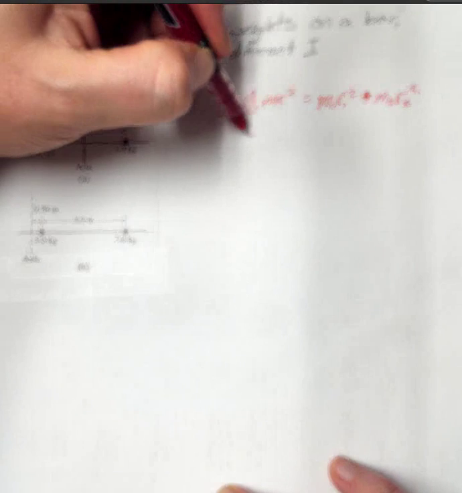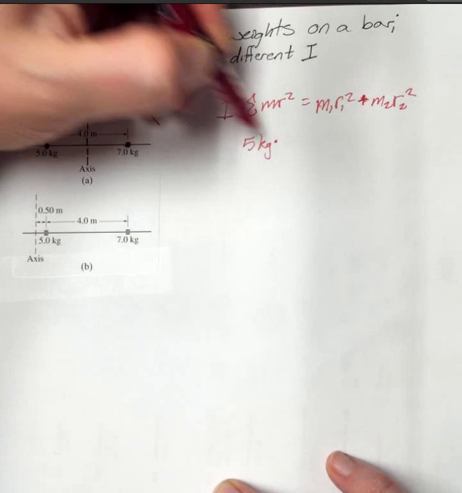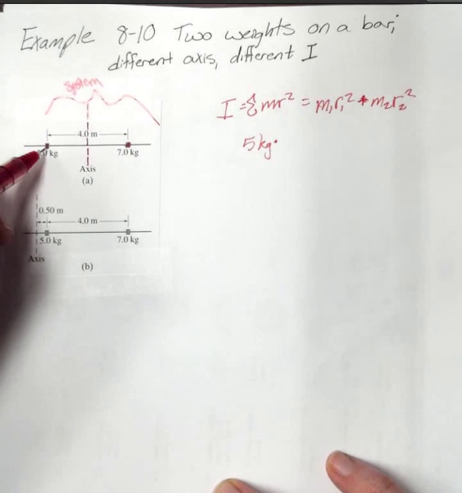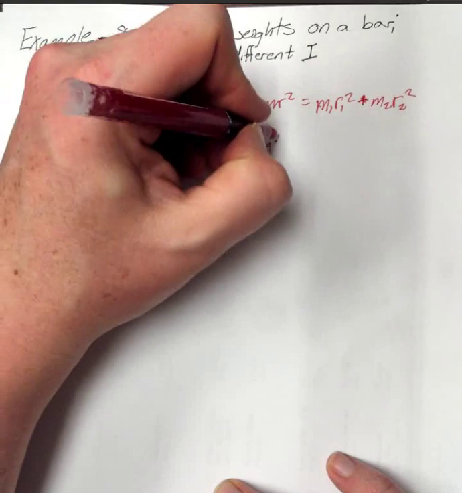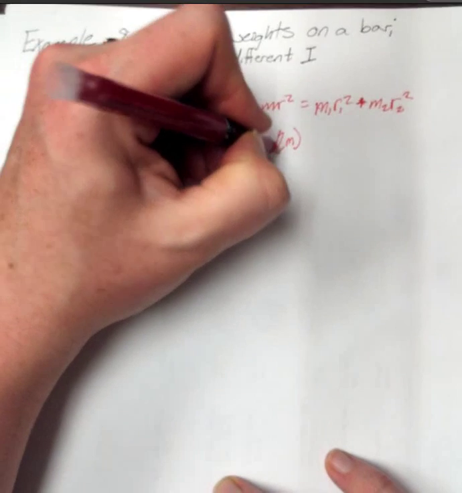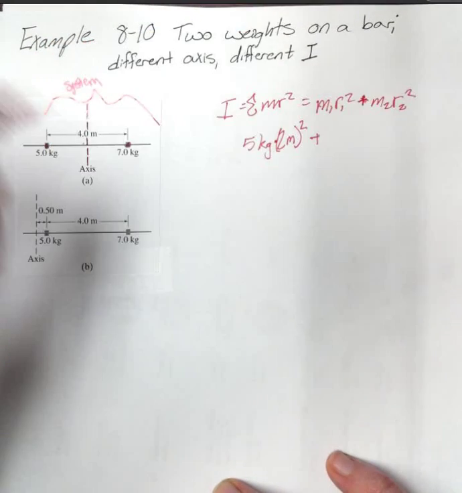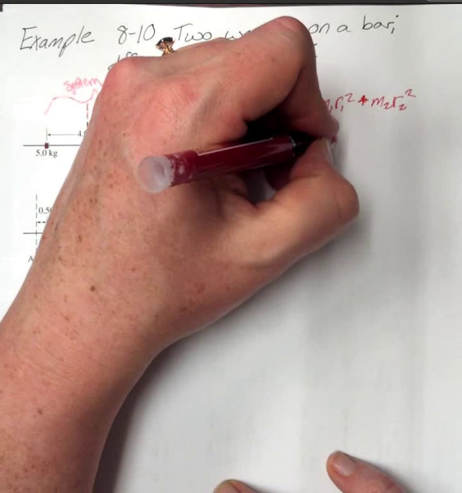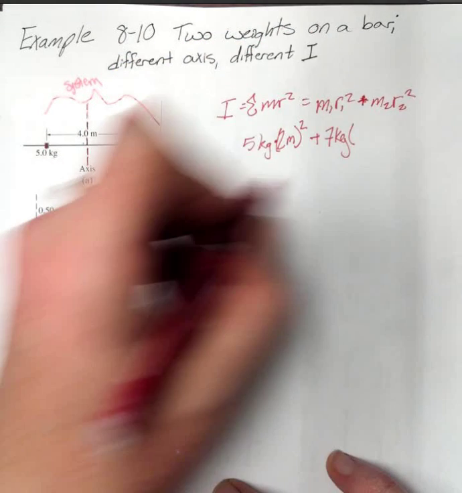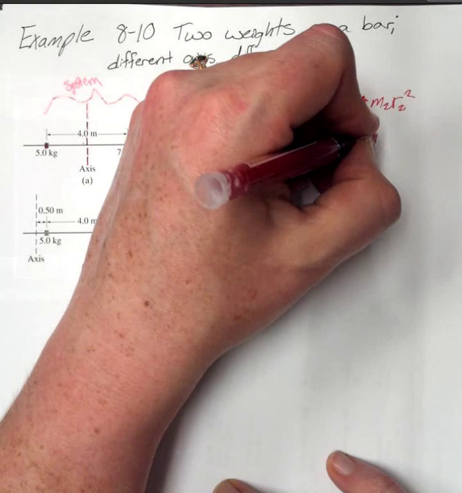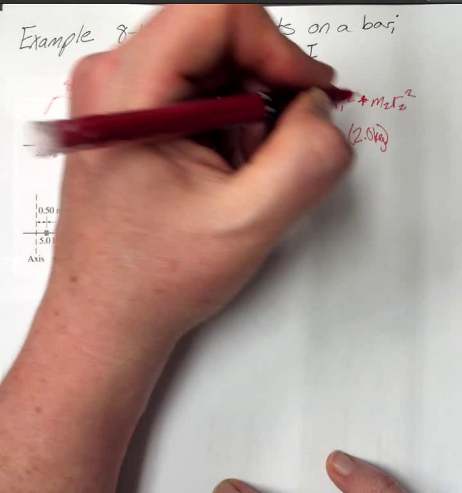So 5 kilograms times, this axis is at the midpoint, so the midpoint of 4 meters is 2 meters, and that value is squared, plus the next mass is 7 kilograms, and its midpoint is 2.0 meters, squared.